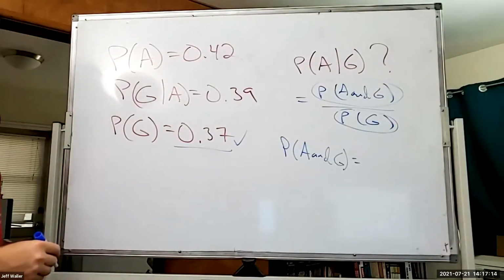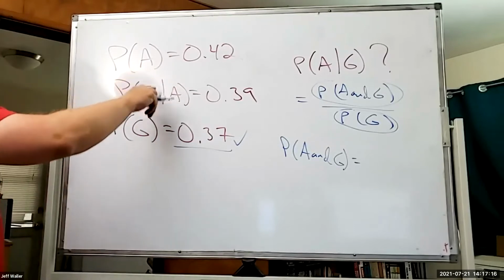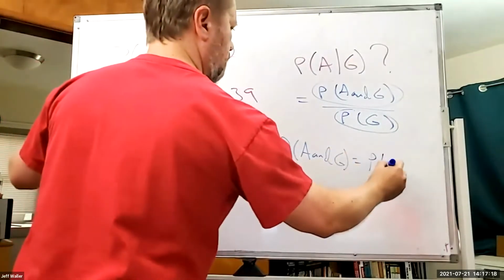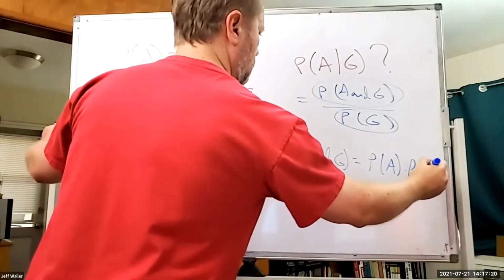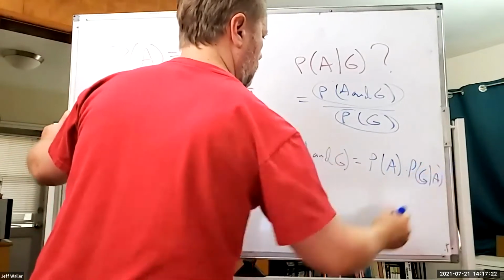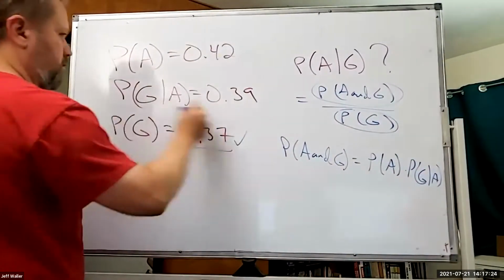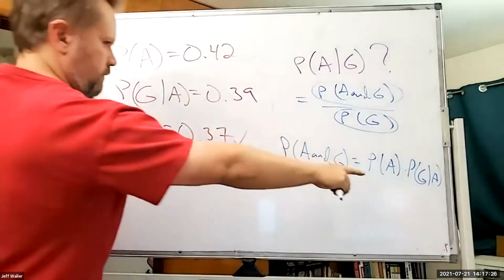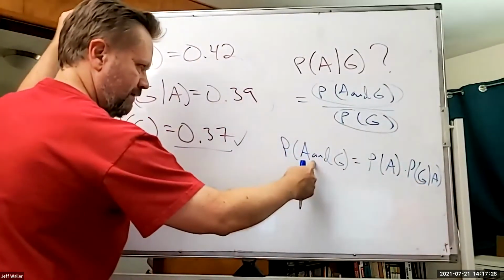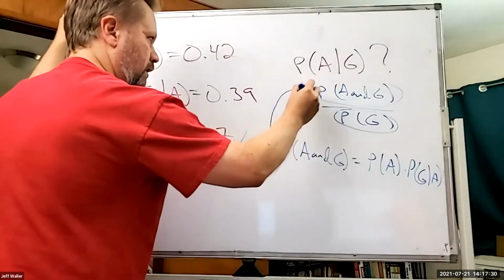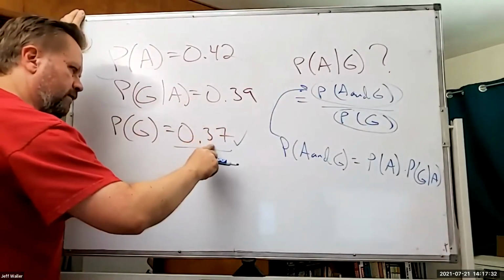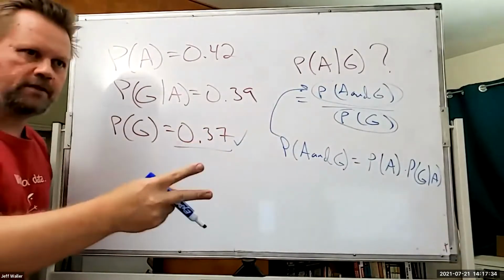It's the probability of A times the probability of G given A. I know the probability of A and I know the probability of G given A, so this times this is this, and that goes up here, divided by this. So it was a 2-stage problem.